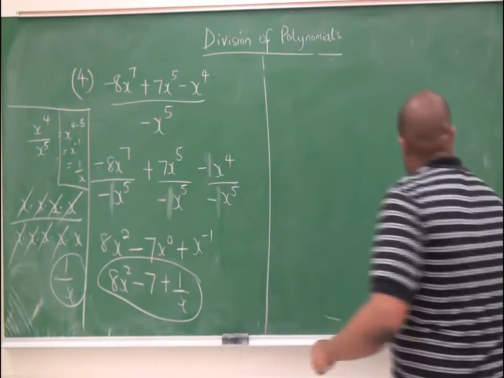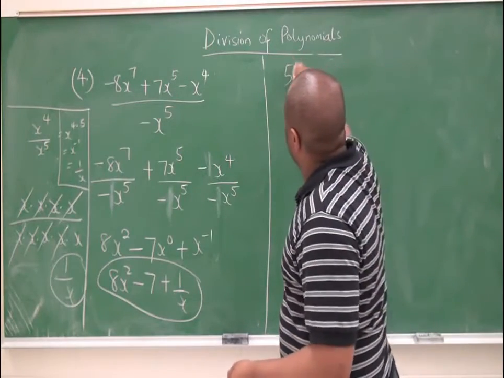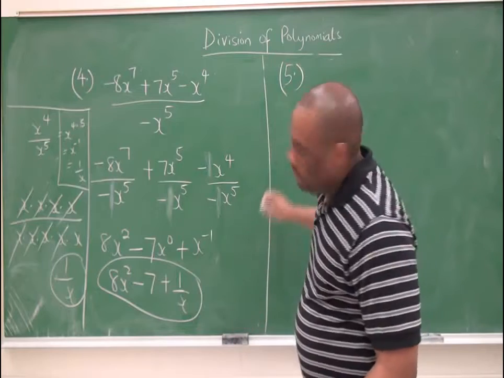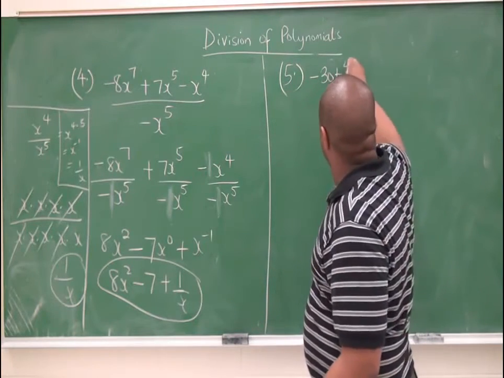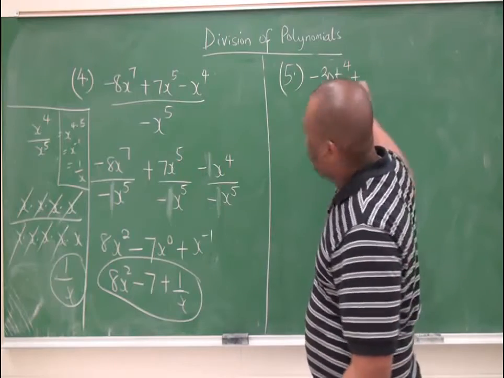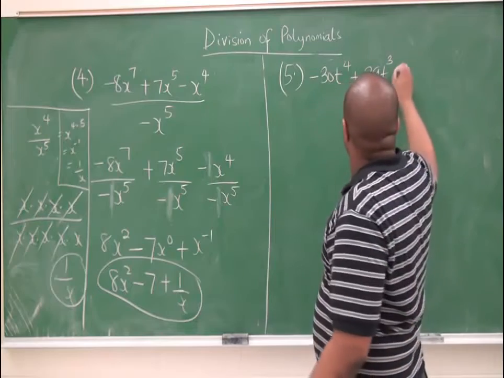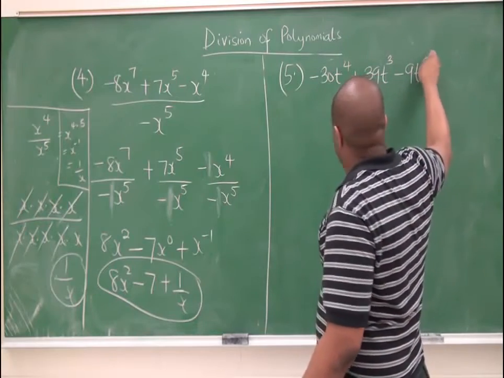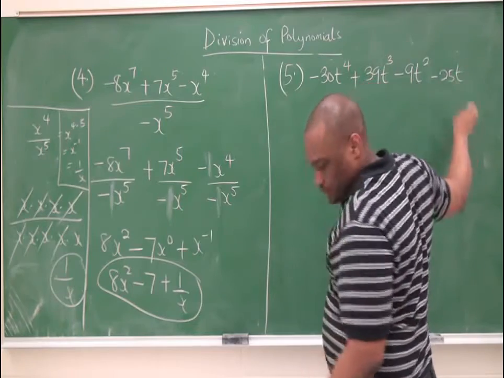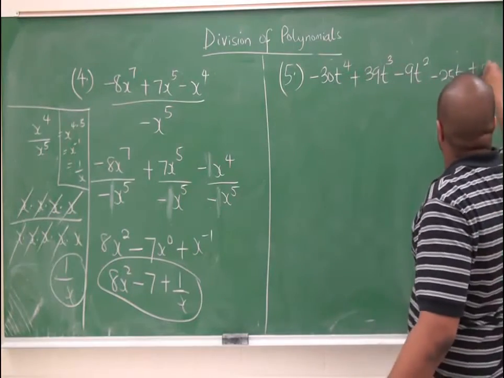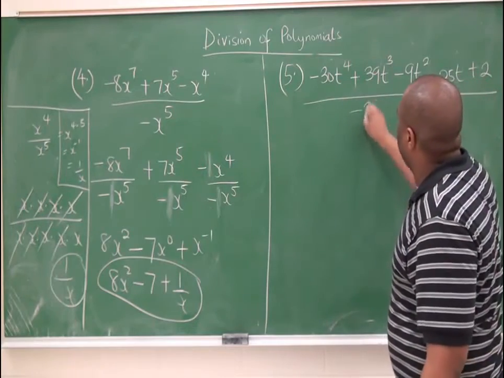The next one, question 5. Negative 30t to the 4 plus 39t cubed minus 9t squared minus 25t plus 2, divided by negative 3t.